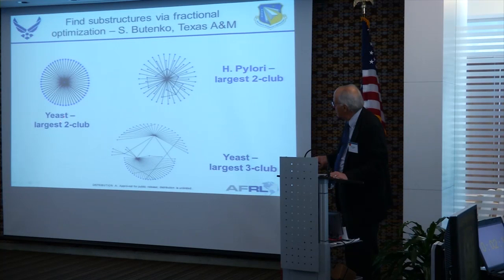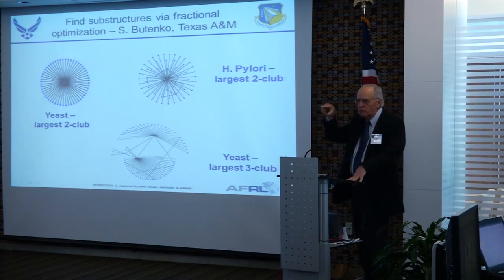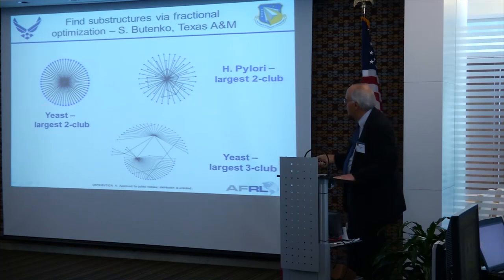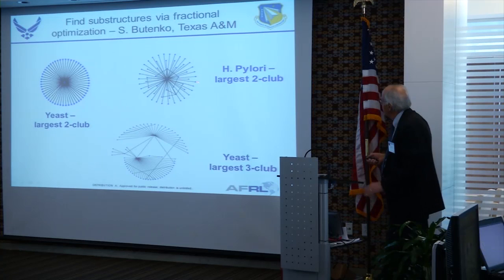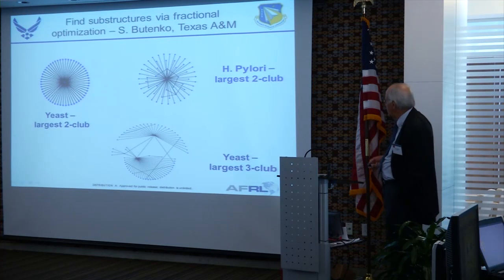Here it is for yeast. It's really remarkable that to me it looks like this. In other words, all of these proteins are within 2 jumps of each other. You go, in this one, from here to the center to another one. And this is a 2-club in that pathogen.